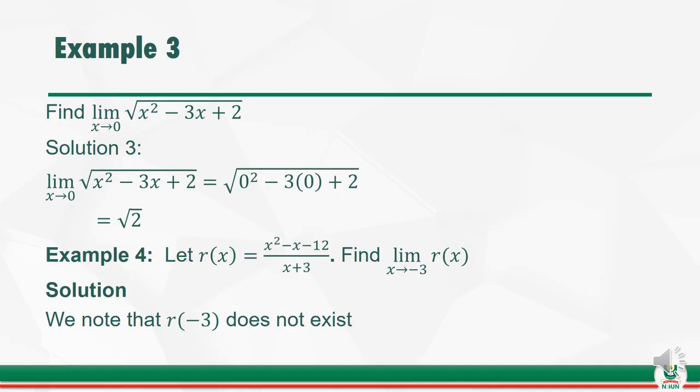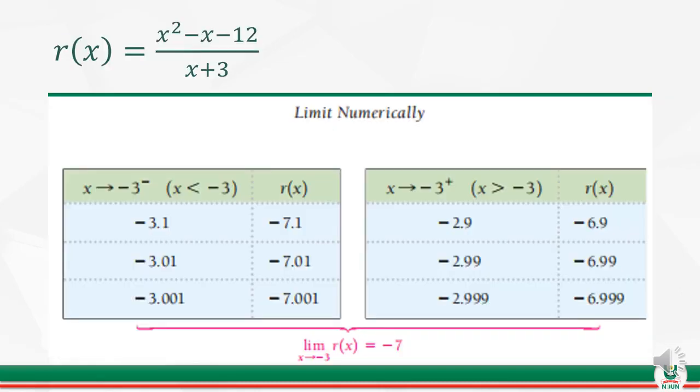Let's move on to see how we are going to solve it graphically, and we can solve it. After this, we move to the algebraic form of it. If you see, r of s gives us s squared minus s minus 12 over s plus 3.